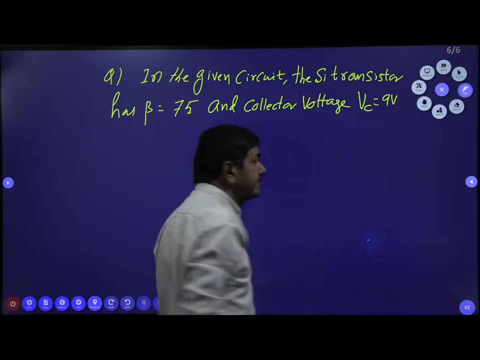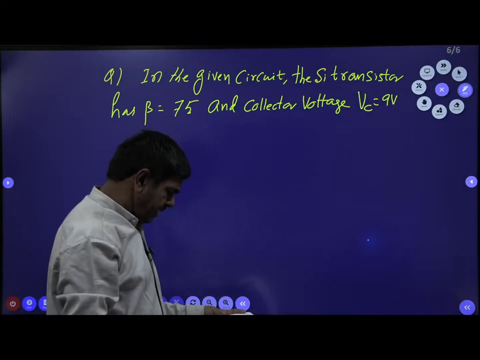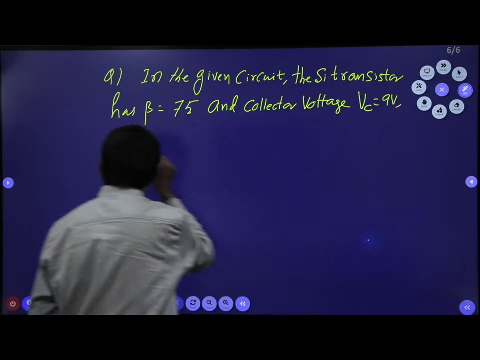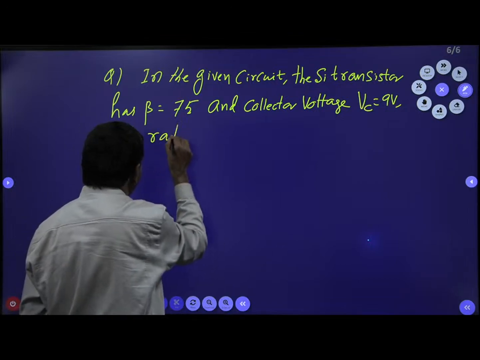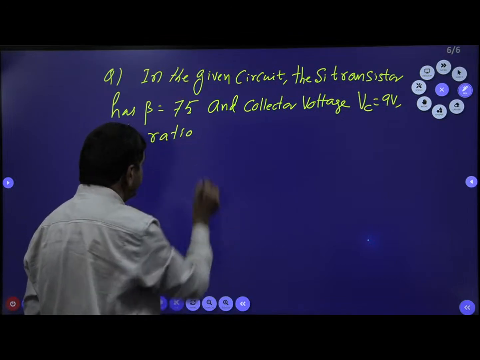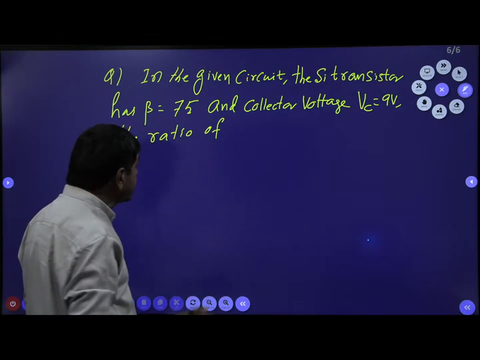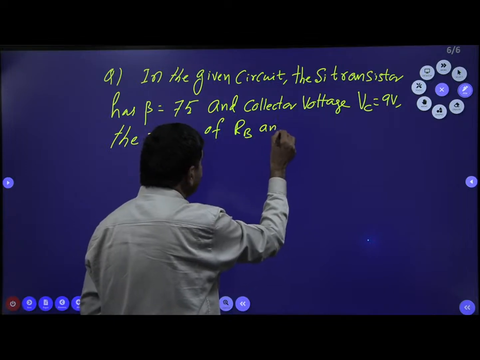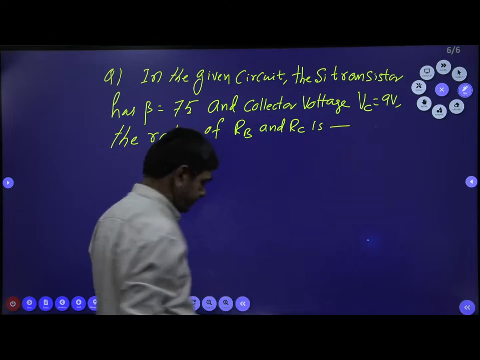It is given. VC is given as 9 volts. But it is asking to find the ratio of RB and RC. RB by RC is asked.